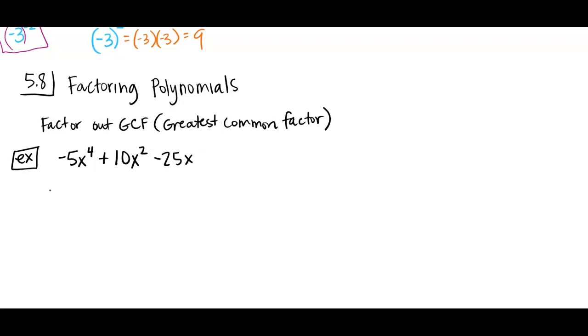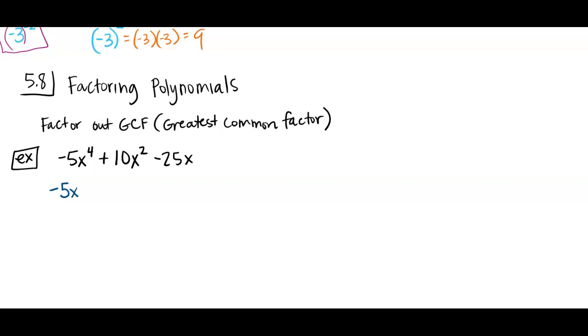Okay, so I know that part's going to come out, and then I can see that 5 will divide into all of those numbers. So 5 is going to be part of our greatest common factor. Then we look at our x parts. This term only has one x to give, so that's all we can take out of each of these.